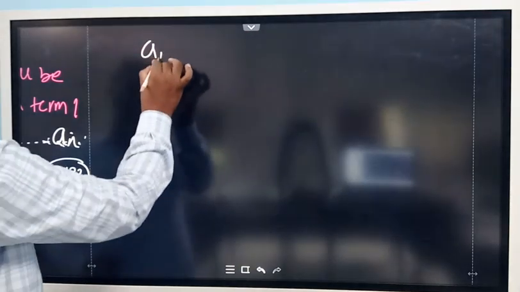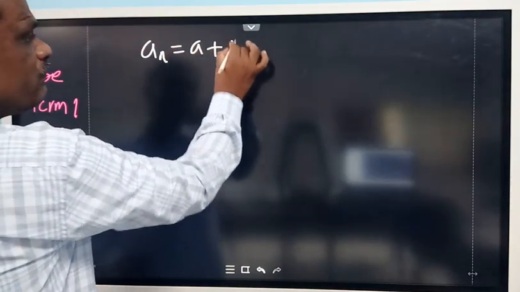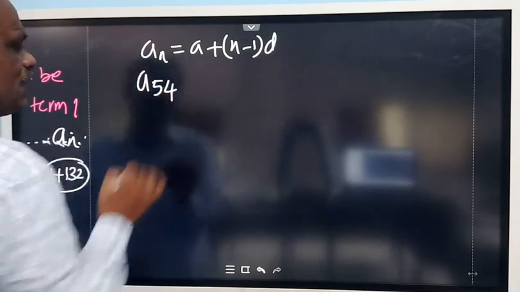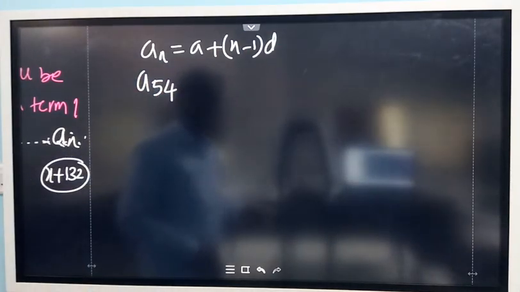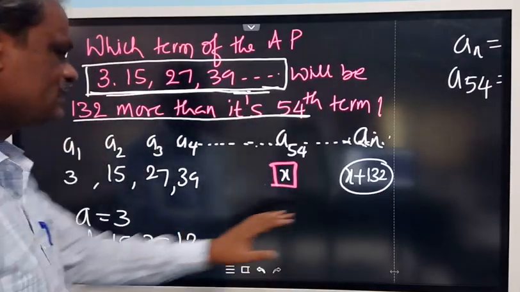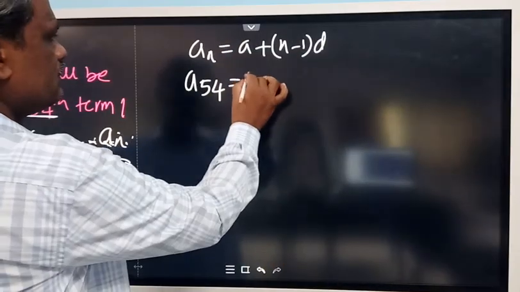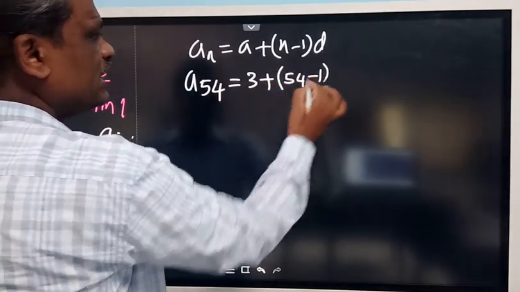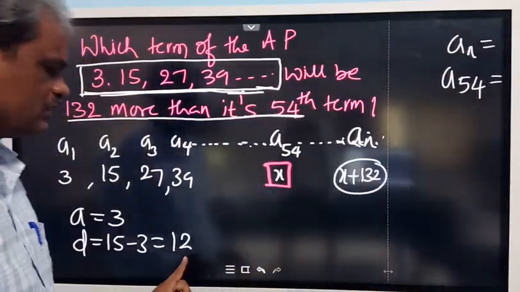An is equal to A plus n minus 1 into D. So write A54 because I need the 54th term. The first term A is 3, plus 54 minus 1 into the common difference 12.